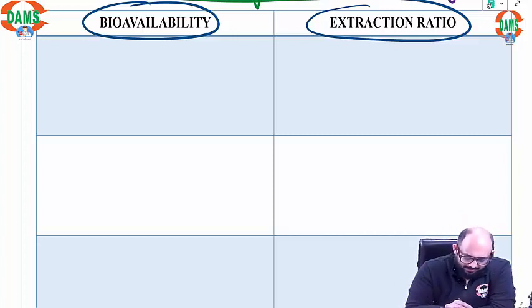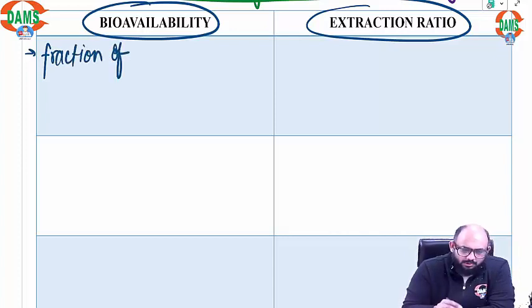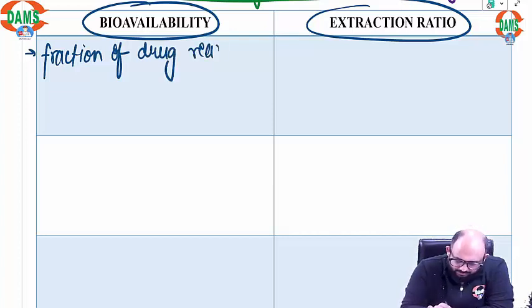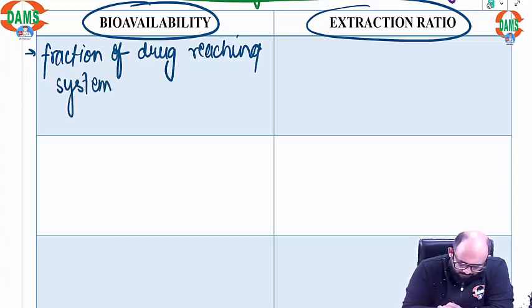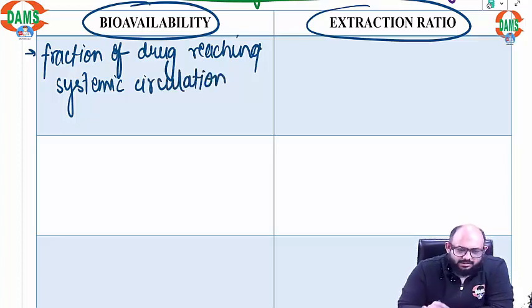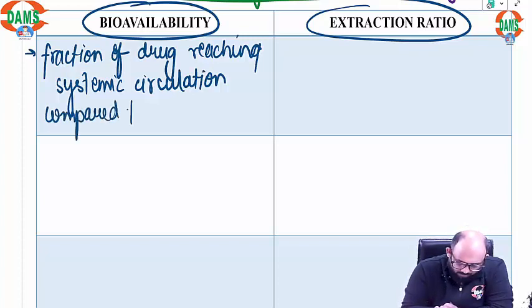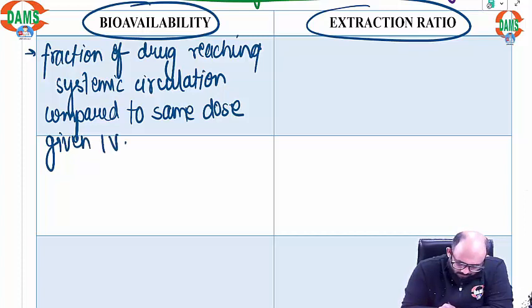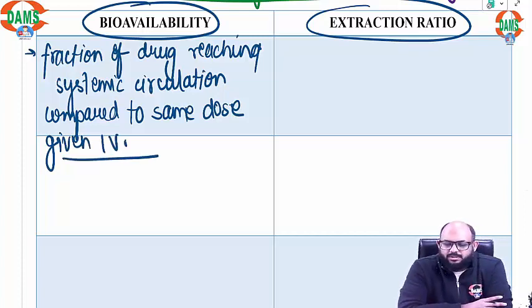Now, we know what is bioavailability. It is the fraction of the drug reaching systemic circulation compared to the same dose given IV. What is bioavailability?